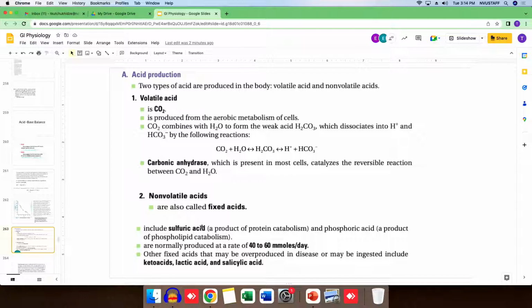Normally we have around 40 to 60 millimoles a day of these non-volatile acids created. And we also have other non-volatile acids like keto acids, lactic acid, or salicylic acid, depending on what kind of pathology or disease we have.